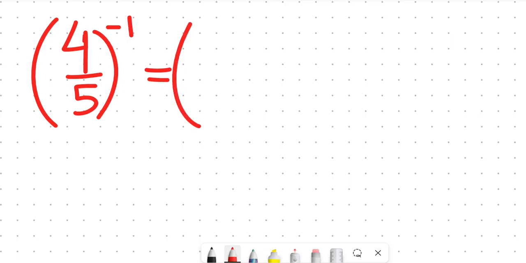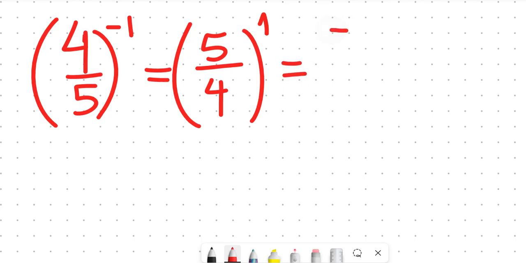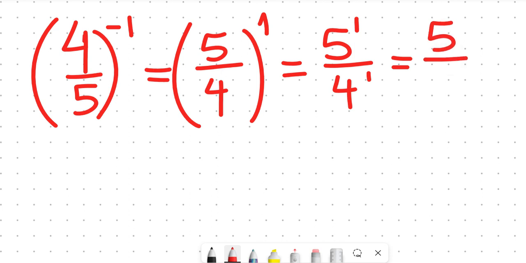So if we flip them, 4 and 5, and it becomes 5 and 4, the exponent is now 1. So the exponent is now positive. Perfect. So we have 5 to the power of 1, and we have 4 to the power of 1, which basically means 5 to the power of 1 is 5, 4 to the power of 1 is 4. With that, we are done with this question.